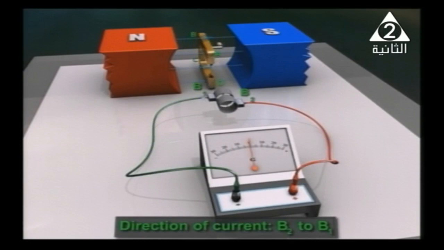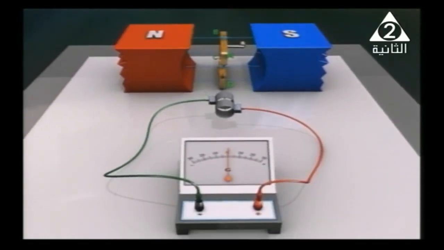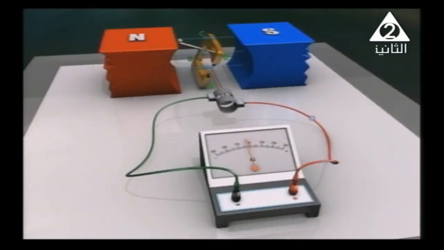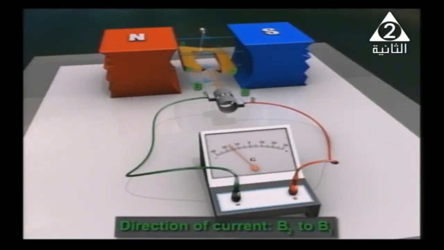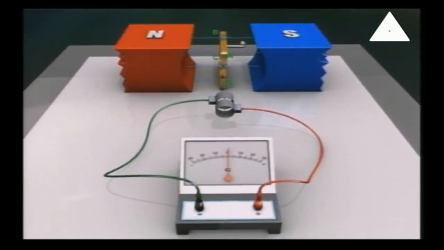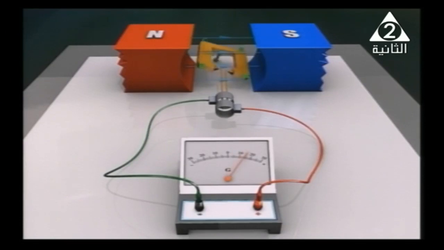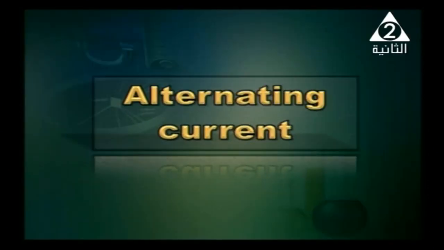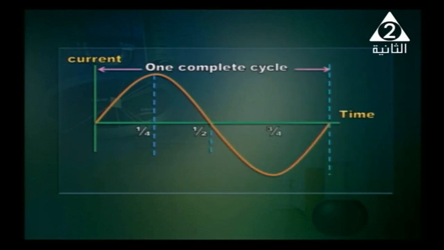And we've got a very important observation here. The current actually obtained from the AC dynamo is an alternating current. What does it mean? We want to define alternating current. Yes, it is shown in front of you.